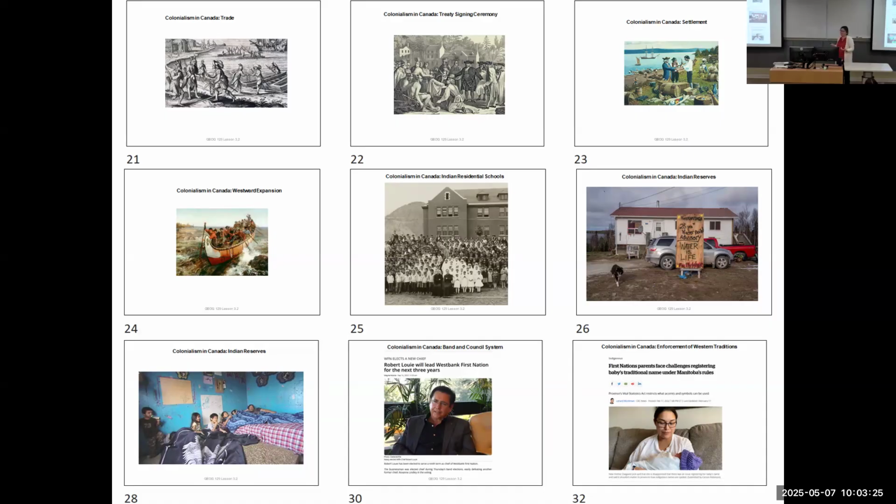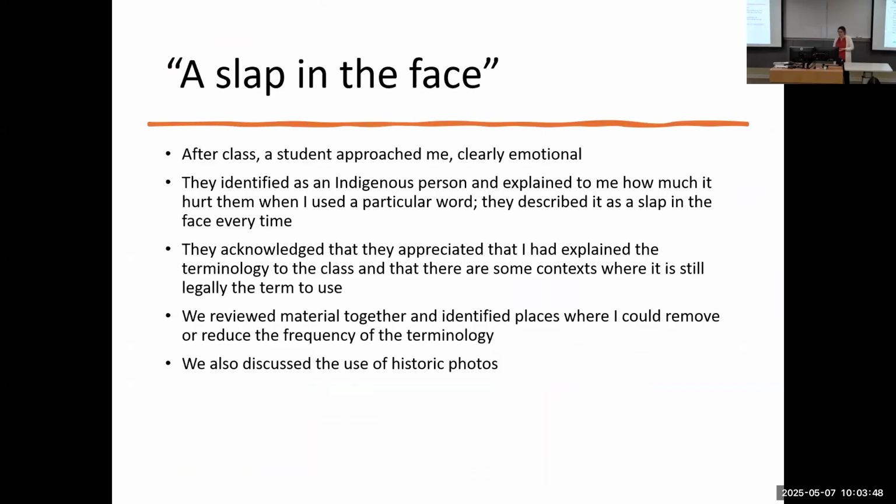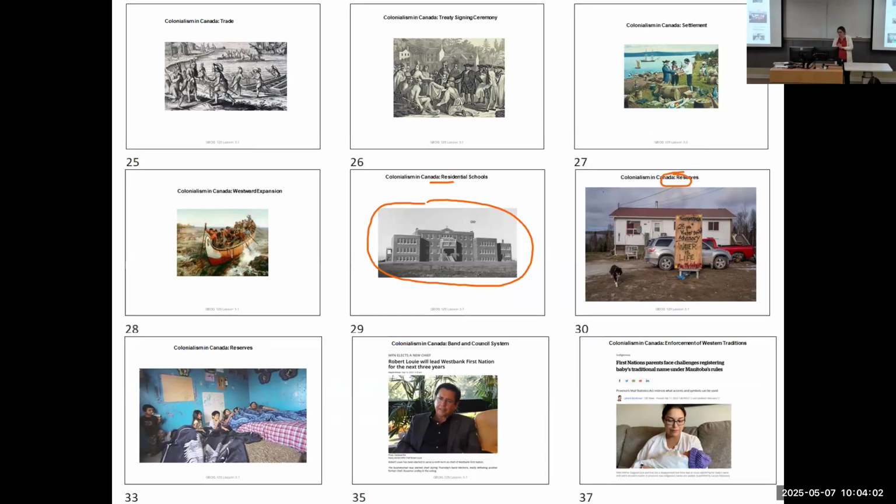And so as a historical geographer, as a person who's done a lot of historical research, I always flock to evocative historical photos, knowing that they're biased, knowing that they're staged. The students don't necessarily know that. And of course, just as they did then, they serve to glamorize the situation, right? And highlight the assimilationist practices. So these are the different things we went through. We reviewed the material together and identified all the places where I could remove the frequency of certain terminology and make different selections about my photos. So these are just some key changes that I made.